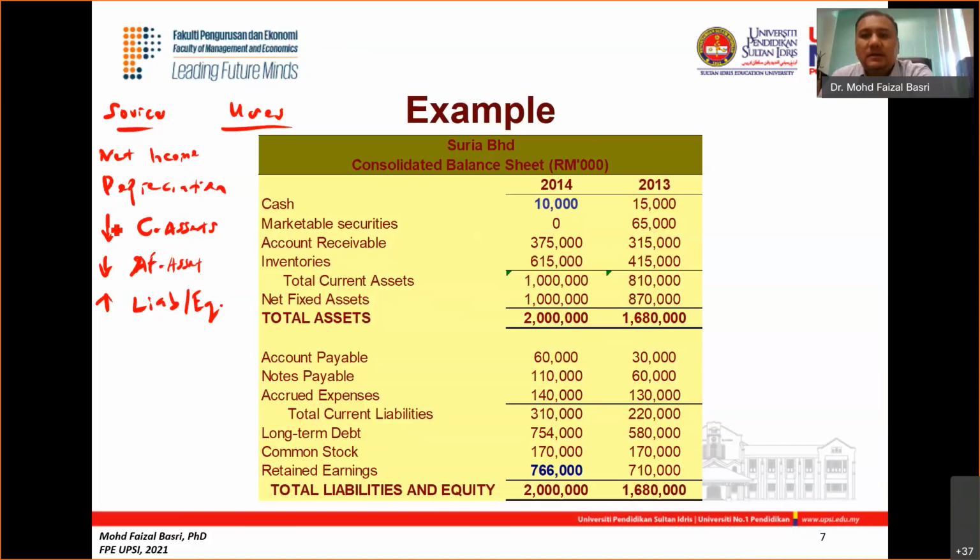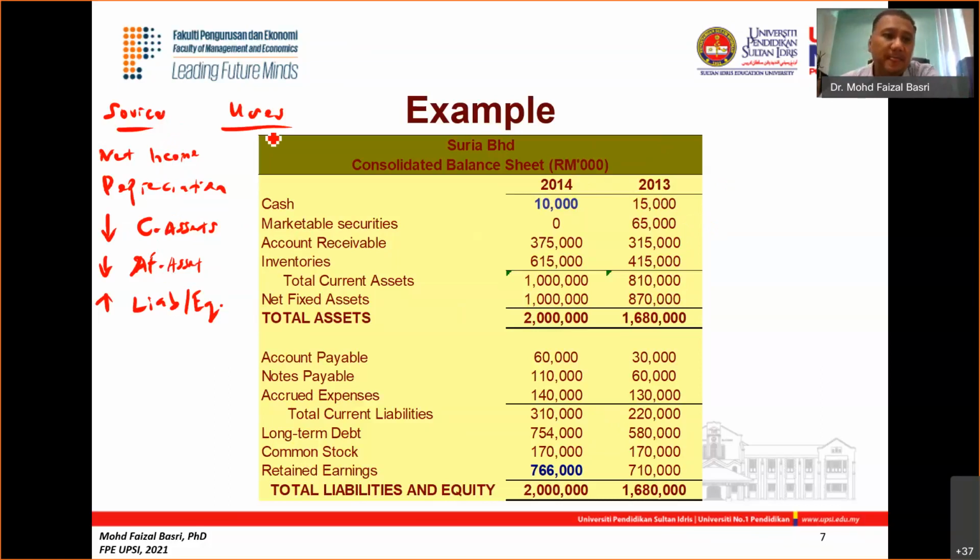Again, we will use this template to define later what sources and uses mean. But these are the items or the changes that will reflect into the sources category.